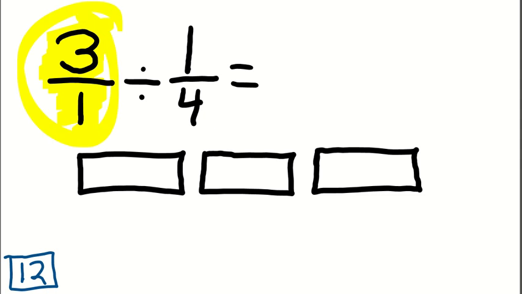Now, what we're really asking here is how many times 1/4 will go into 3 wholes? So why don't we just cut each of these candy bars up into 4 pieces, and then count how many times those 1/4 pieces will go into the 3 full wholes. So as you can see, I have now cut each of the candy bars up into 4 pieces.